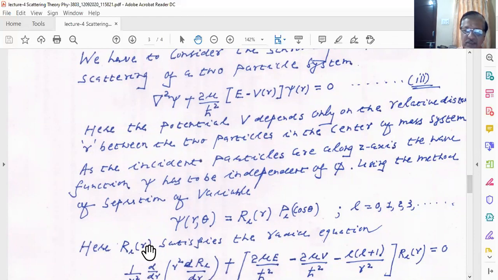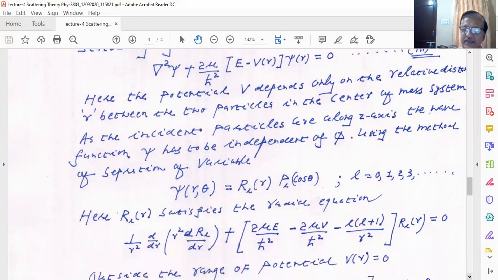Now you see this R_L of r, this radial wave function, is satisfying the following radial equation, which we studied when we studied the hydrogen atom problem at third year BSc.